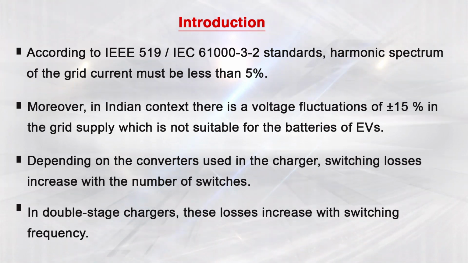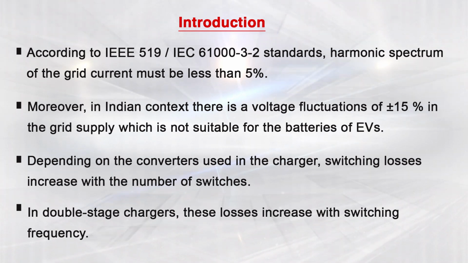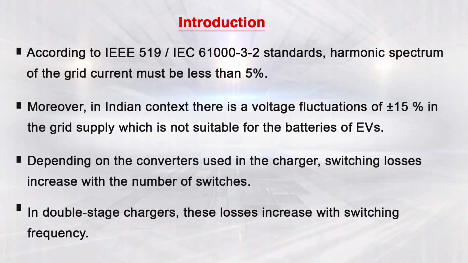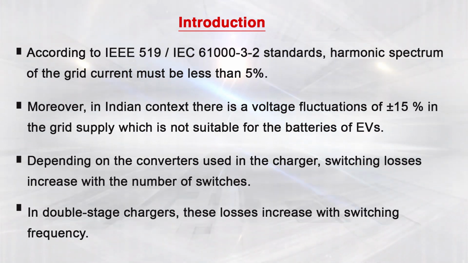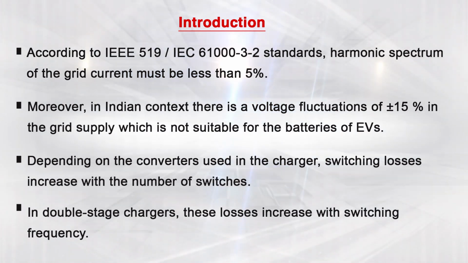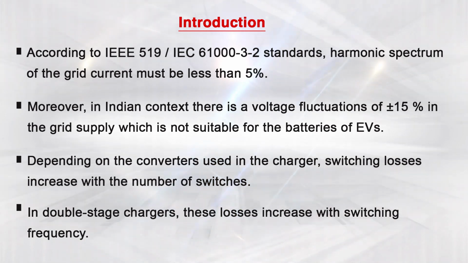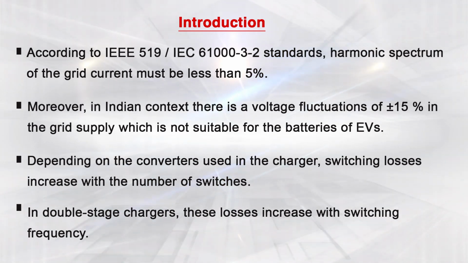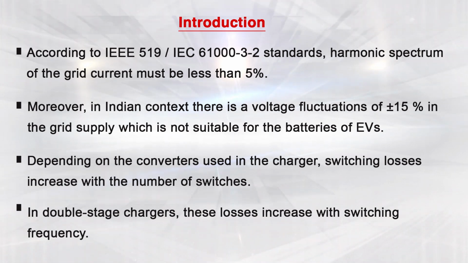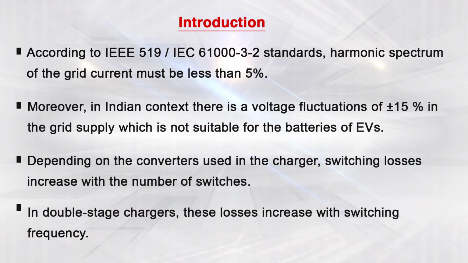So, what are the consequences of this kind of topology? Undesirable tripping of the charger due to unstable Indian grid conditions. Whenever there is voltage fluctuation, the devices may get tripped, which may interrupt the charging from grid to vehicle, and improper functioning of chargers may pose a serious threat to the EV and reduce its life.